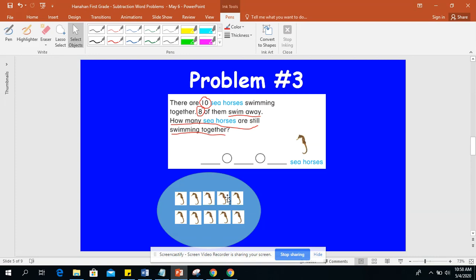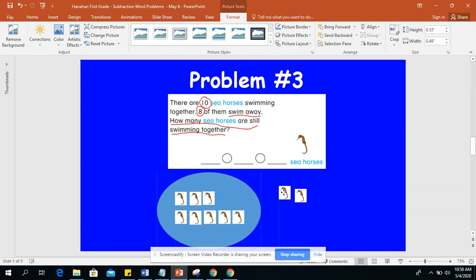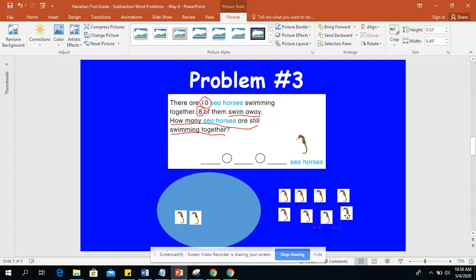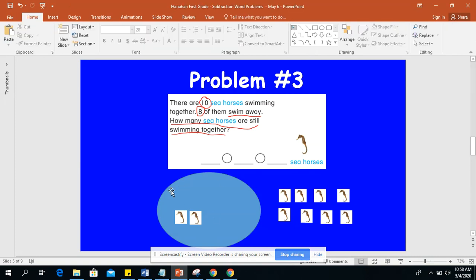So I'm going to take 8 of these seahorses and put them outside the circle. 1, 2, 3, 4, 5, 6, 7, 8. How many seahorses are left? How many are still swimming together? 1, 2. 2 seahorses are still swimming together.